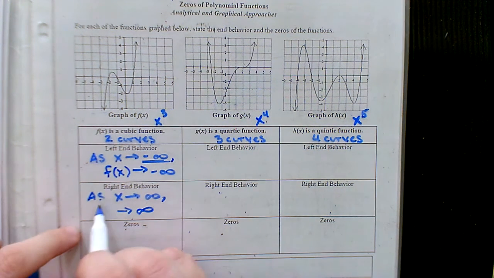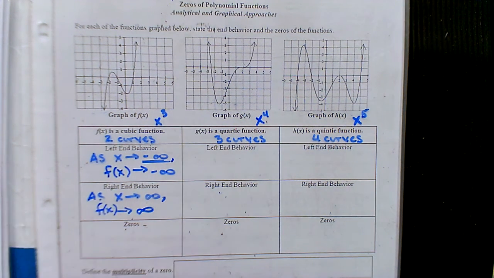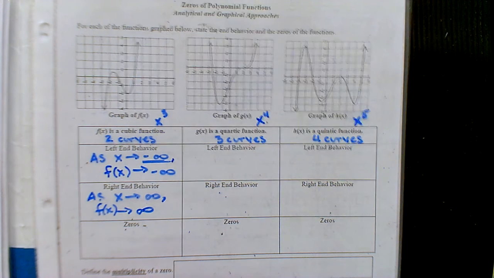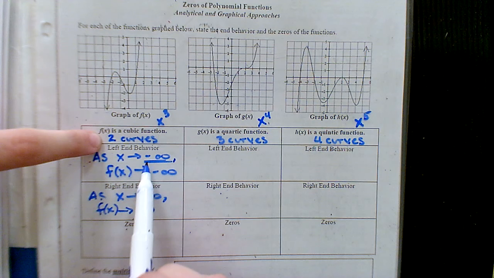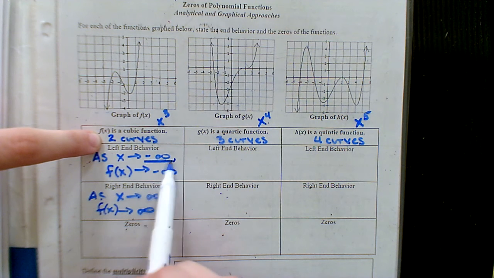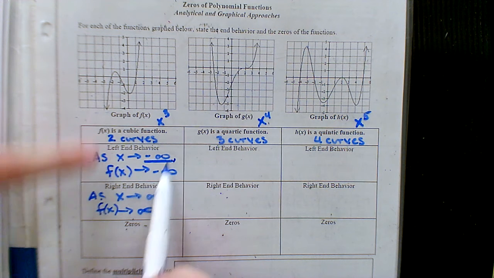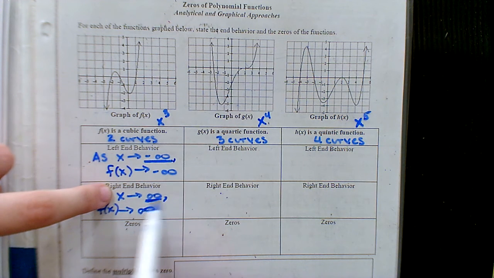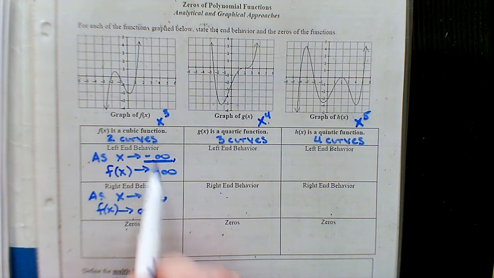Well, you could say f of x here. Is that what you mean? You can use f of x or y. They both mean the same thing. So whatever you feel comfortable using, that's fine. But what is important is that for left end behavior, your x's should always be approaching negative infinity, whereas for right end behavior, they should always be approaching positive infinity. Because this is signifying left and this is signifying right.